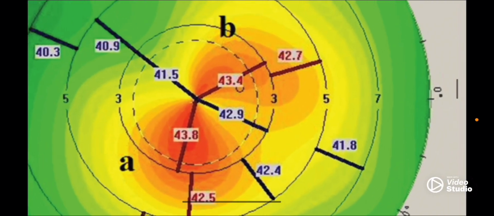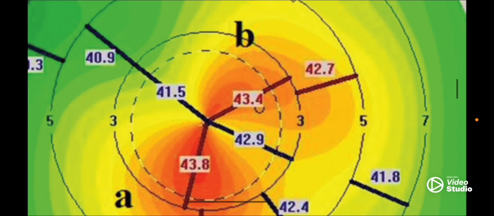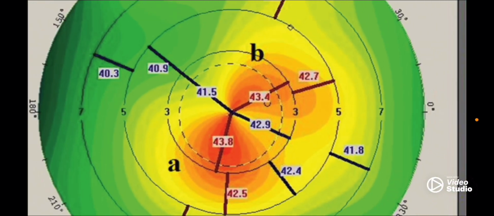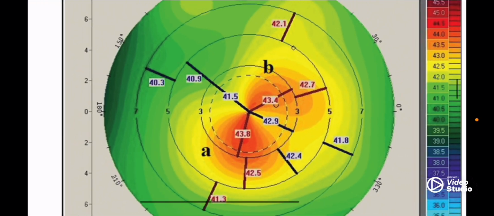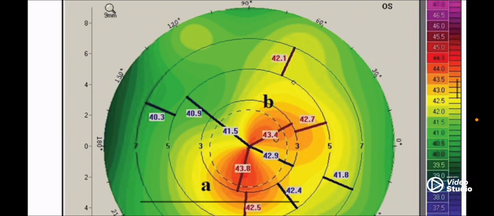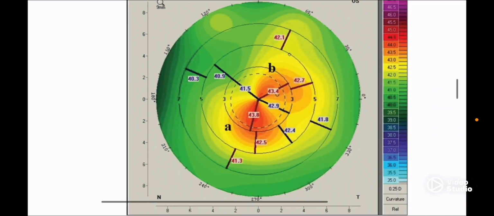Now we can see over here in the 3 mm zone, if we take the 43.8 line further, we can easily calculate the axis. How? Because you can observe that the axes are already written on the side of the map. Okay, this is how we will calculate the angulation between the two axes.